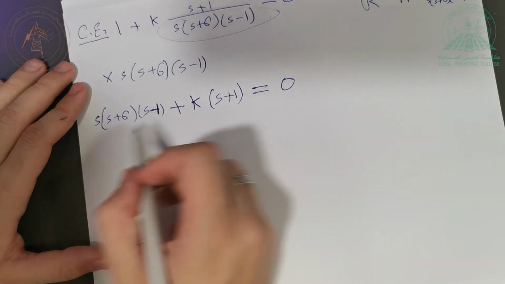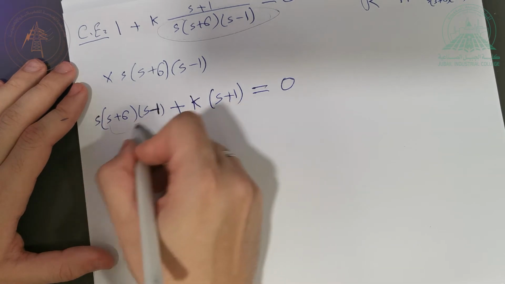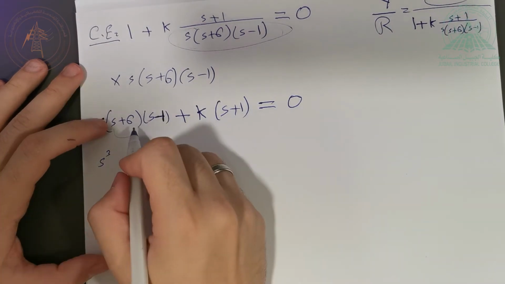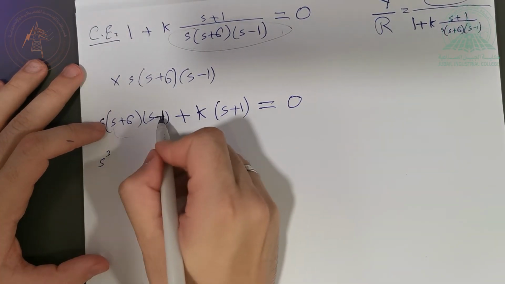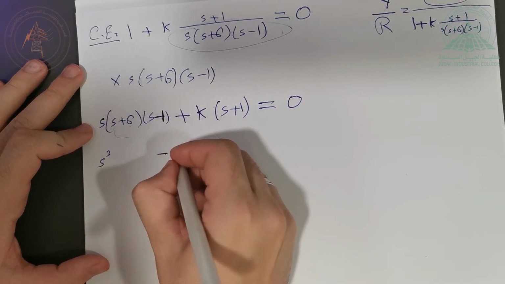Now open this one up and open this up again. If I multiply these together, what do I get? I get s square, with the s outside, so I get s cube. Then minus 6, minus 1 with 6 gives minus 6 with this s, so you get minus 6s.